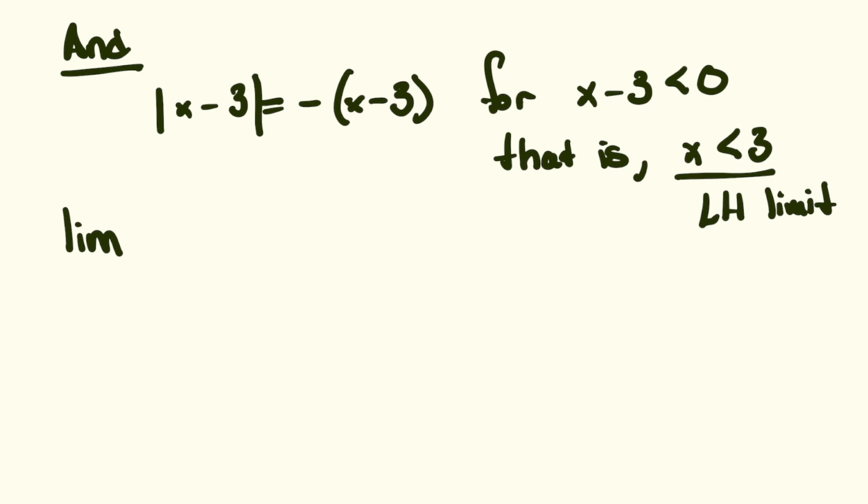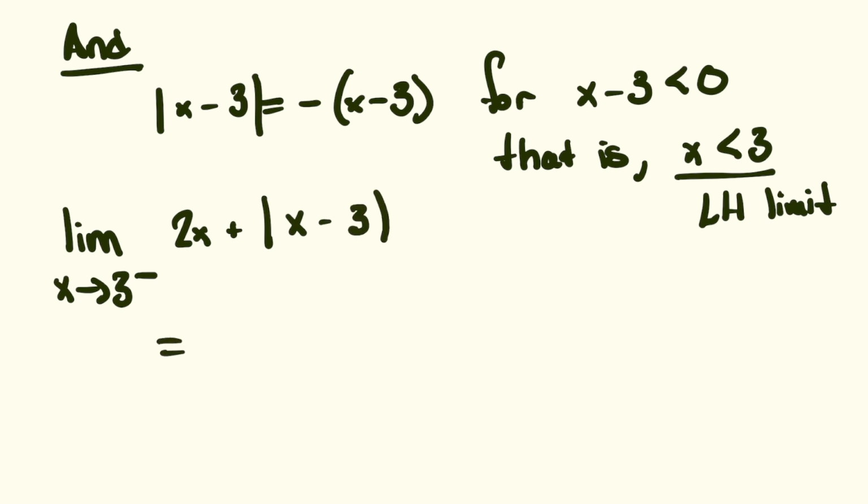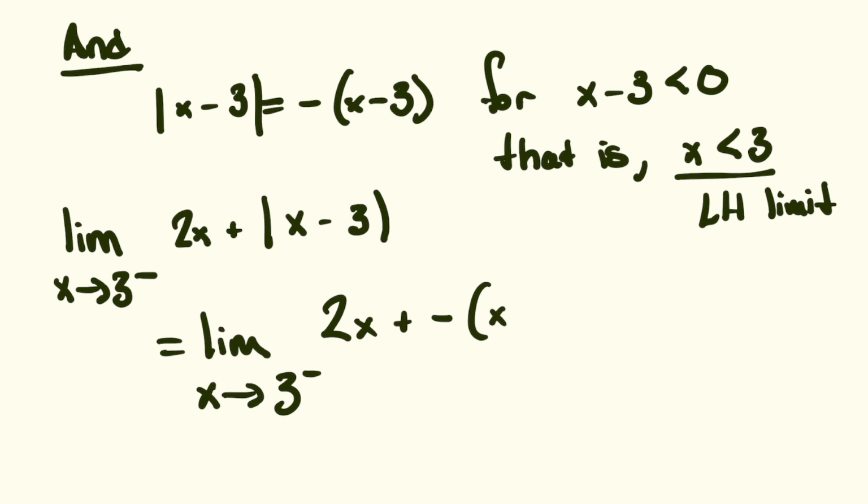So now we need the limit as x goes to 3 from the left-hand side of 2x plus the absolute value of x minus 3. And left-hand side means we put a negative sign where we'd see an exponent in where we're going. And let's put a negative x minus 3, and I will just put in that negative sign, and then we will distribute that negative sign.